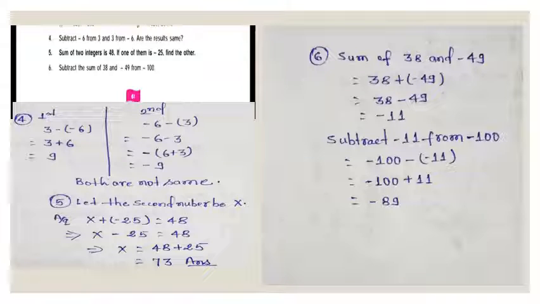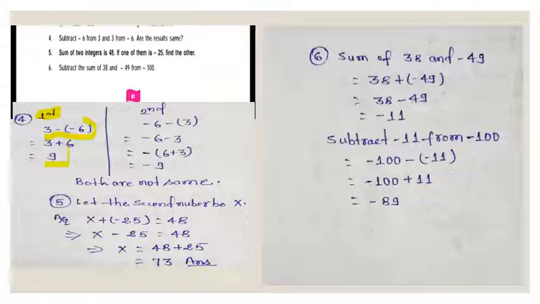In question number 4, the first condition: subtract minus 6 from 3. I have subtracted minus 6 from 3. It means 3 minus negative 6; negative of negative 6 gives us positive 6, so it is 3 plus 6, equal to 9.